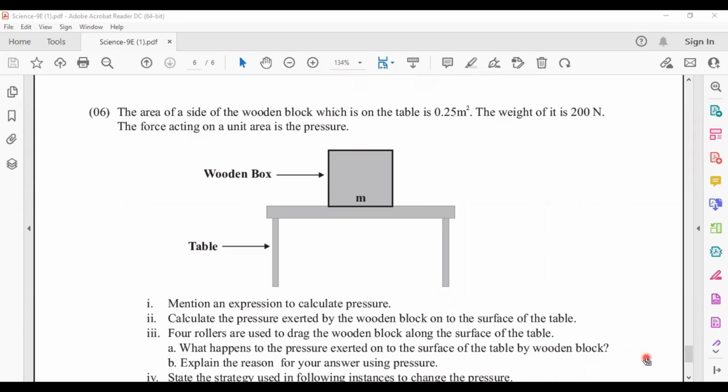Calculate the pressure exerted by the wooden block onto the surface of the table. Then pressure equals, here the force is 200 Newton. The area is 0.25 square meters. Answer: 800 Newtons per square meter.